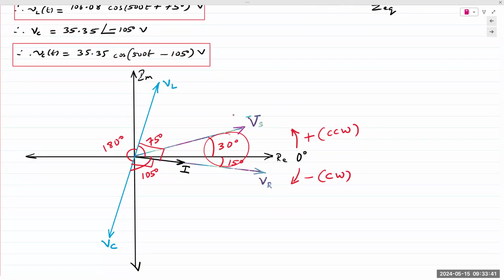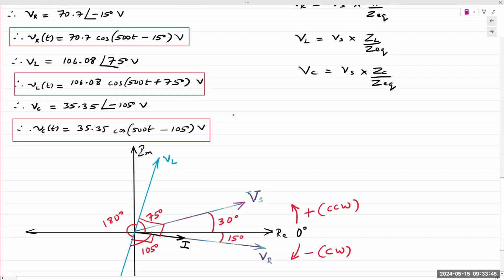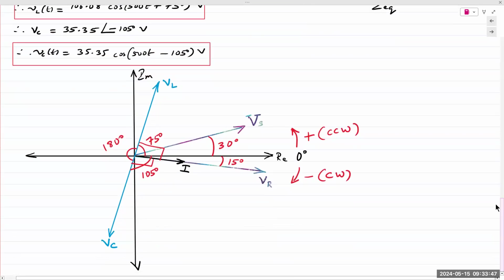Since the voltage source is plus 30, we are in the first quadrant, and VS is drawn right here. Then total current I is at minus 15. Minus indicates that's below the real axis, right? Minus 15 is right here.